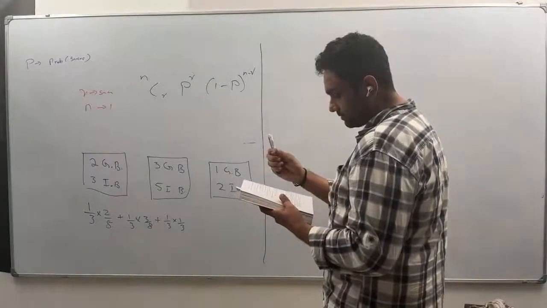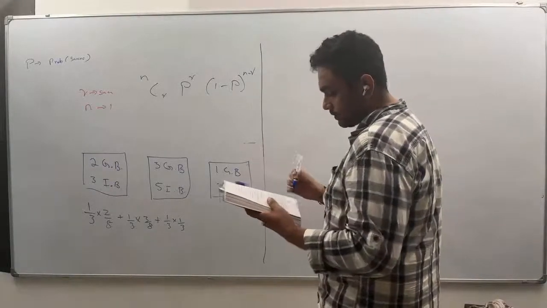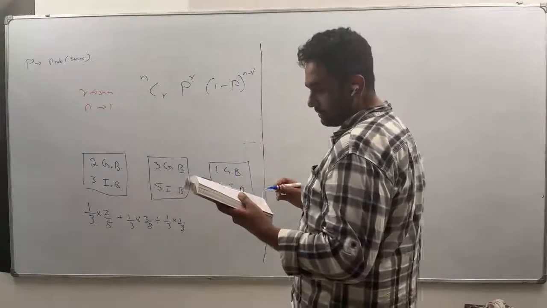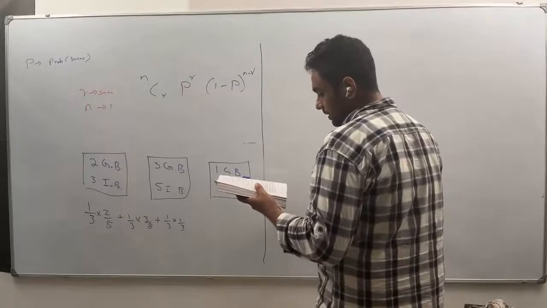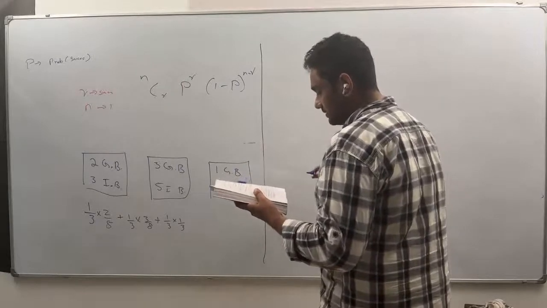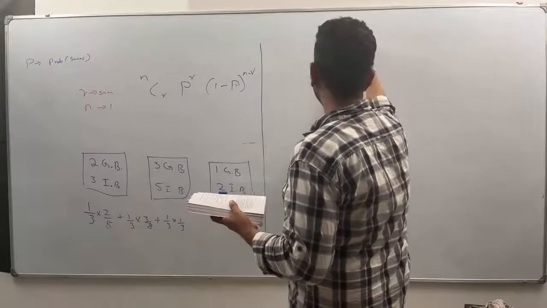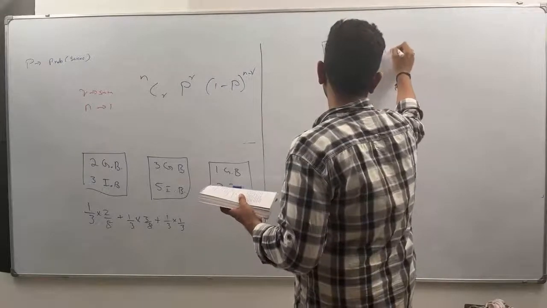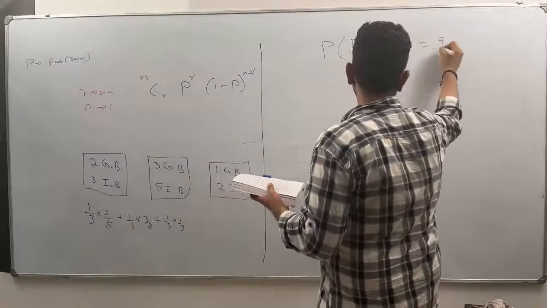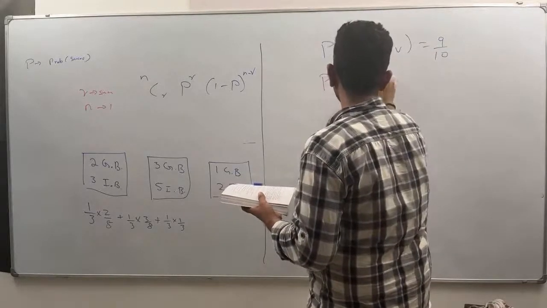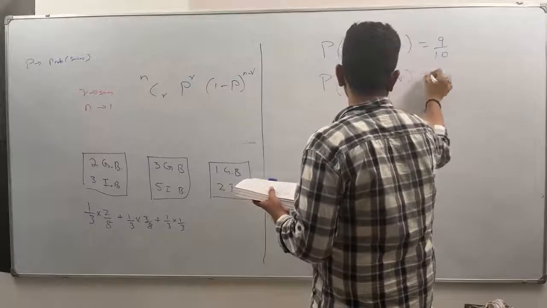Okay, it's given that suppose the reliability of an HIV test is specified as follows. A person who has HIV, 90% of the time the test detects the disease, but 10% go undetected. So probability of detection given HIV is 9 by 10. So obviously probability of not detecting given HIV is 1 by 10.